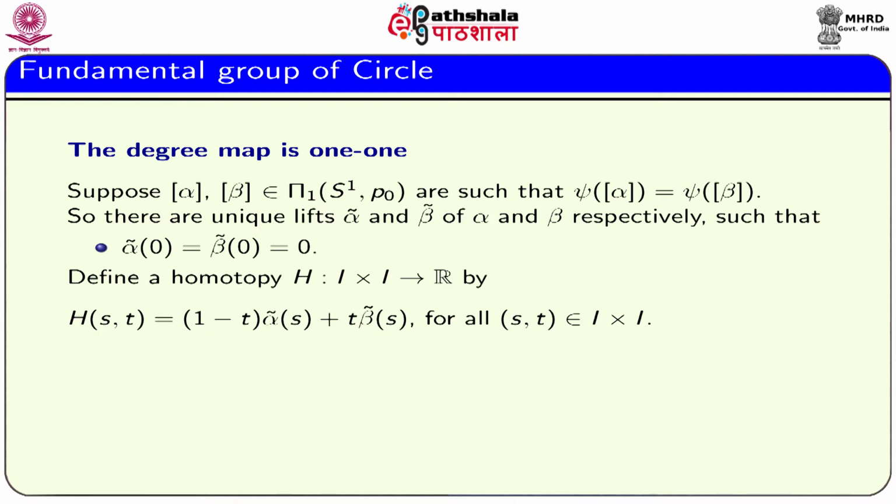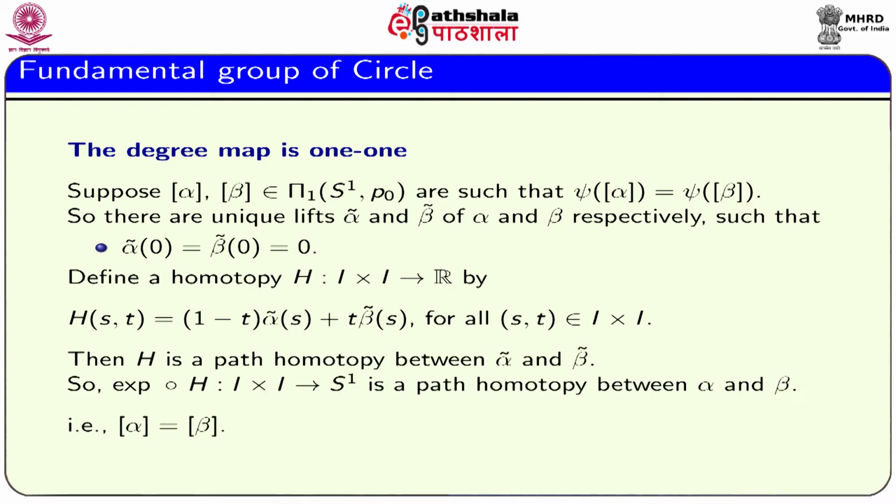So, we define a homotopy capital H by using the straight line homotopy, that is H of s, t is equal to 1 minus t times alpha tilde s plus t times beta tilde s, for any pair s, t in the product I cross I. Then H is a path homotopy between alpha tilde and beta tilde.